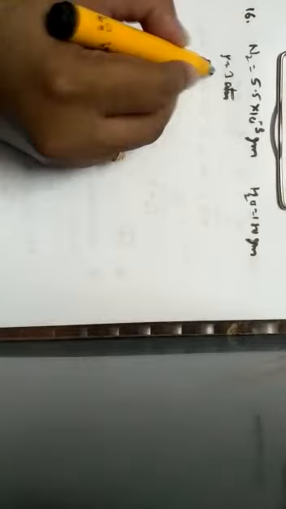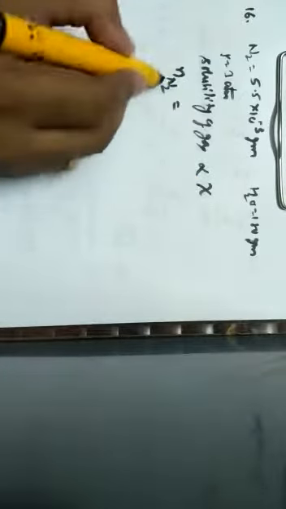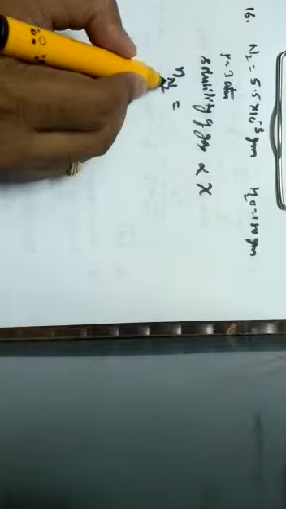The mole fraction of nitrogen in 180 grams of water at 5 atmosphere nitrogen pressure is approximately? Since here we know that, according to Henry's law, the solubility of a gas is directly proportional to its mole fraction. Hence, the gas dissolved is nitrogen.